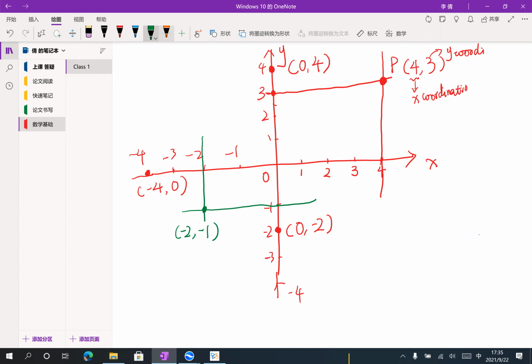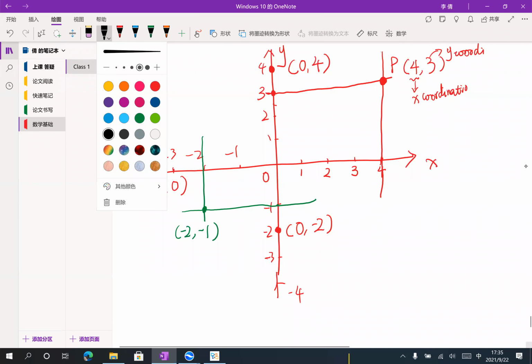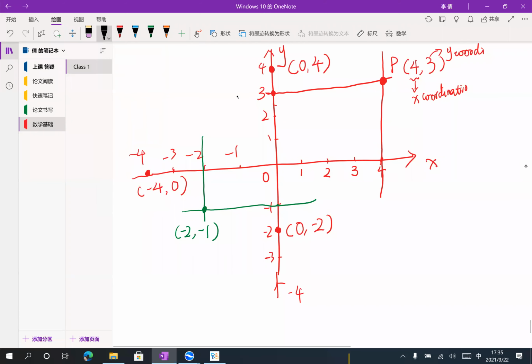Okay. Let's see if there is a point. Okay, what is the ordered pair of this point? (-1, 3).